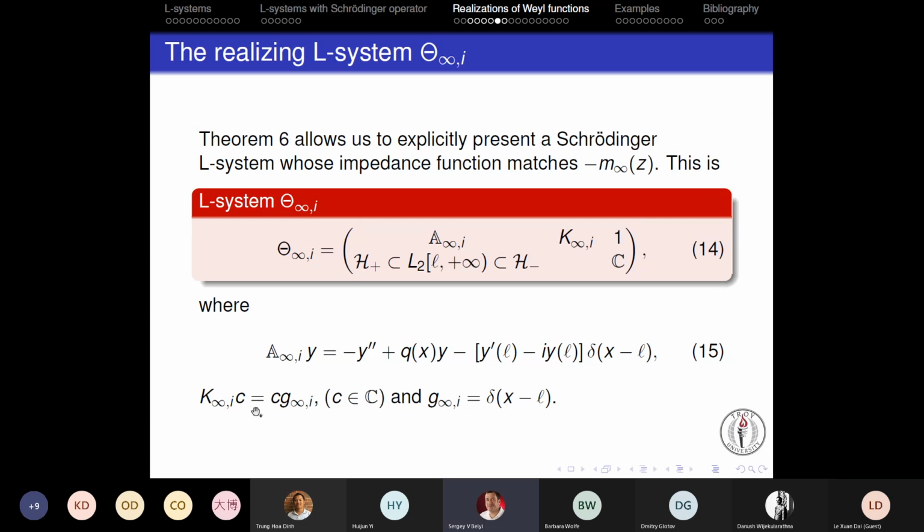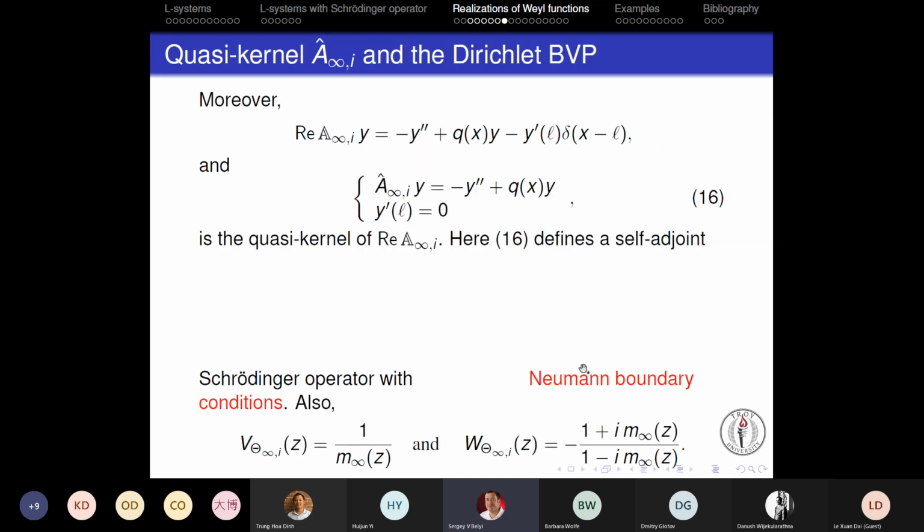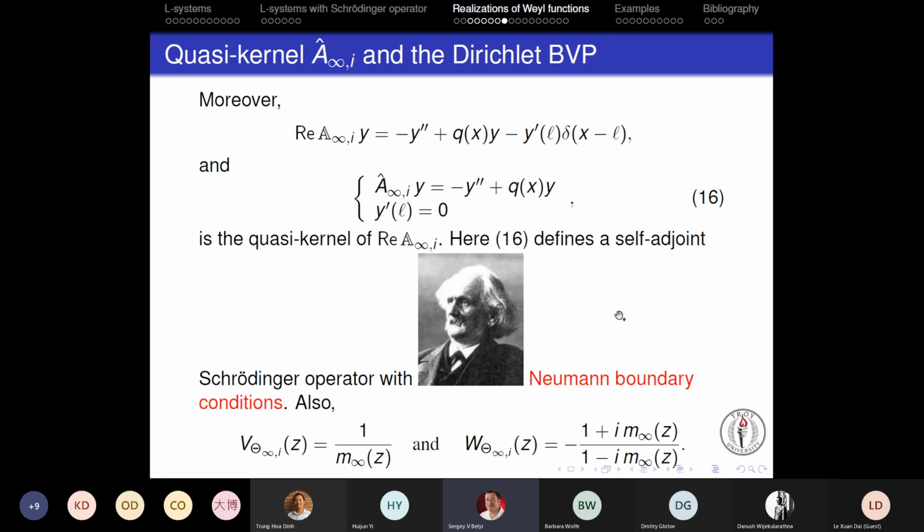K infinity i is multiplication by the channel vector, the delta function at point L. Real part of A infinity i is this, and the quasi-kernel again hits the famous boundary value problem.